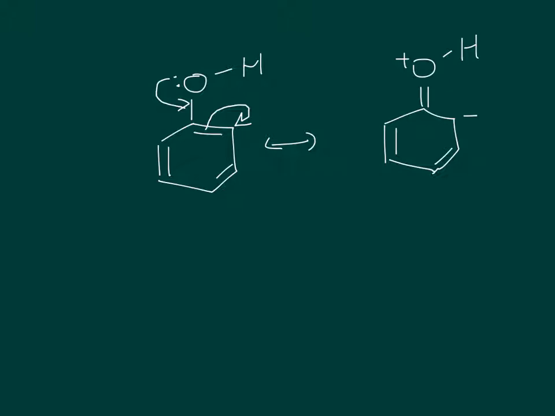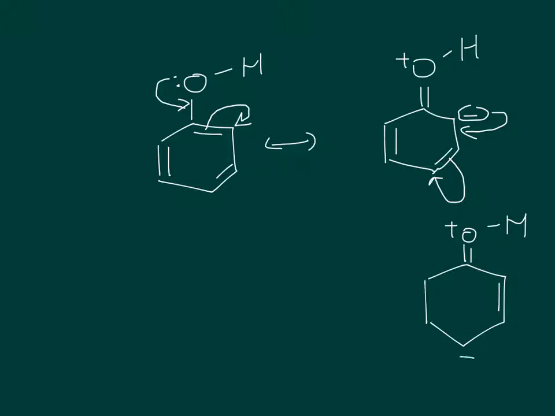But again, there's another way that we could draw this, in that this pair of electrons could come down and form a double bond there, which would mean this pair of electrons would have to break to go onto that carbon there. So if we draw out the result of those electrons moving around, the top hasn't changed, but now I've got a double bond there, a negative there, and that double bond has stayed the same like so. So again, that is another resonance structure. But surprise, surprise, there's another one I can do.